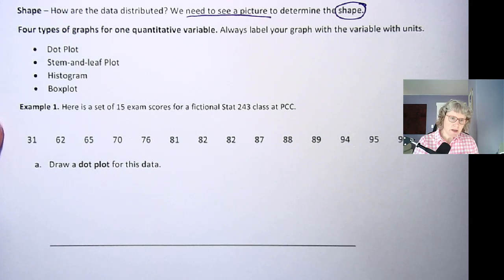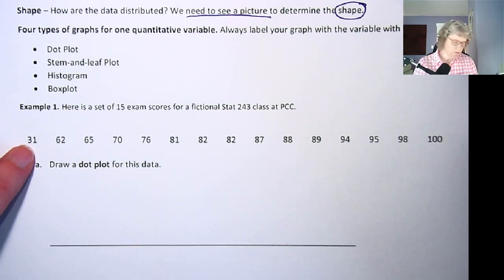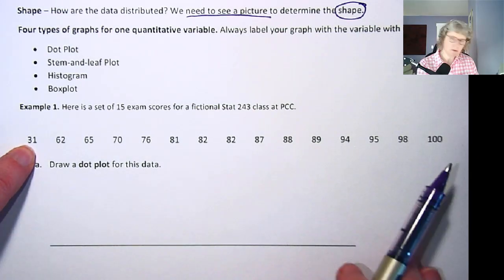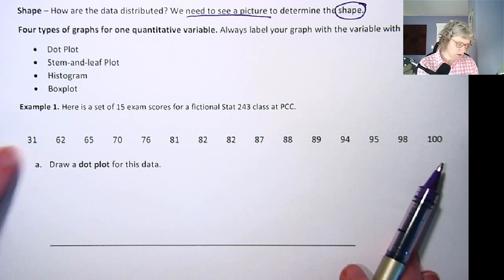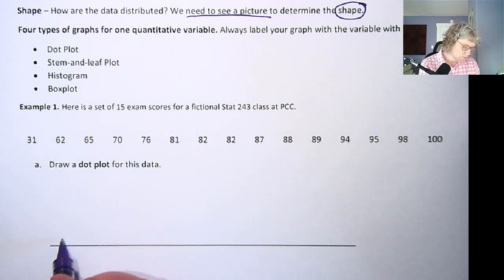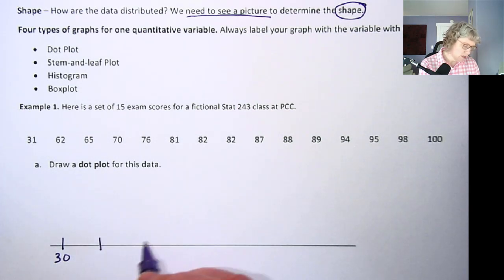Okay, so here's my axis. You could draw it by hand, or I've got one on the notes here, and we need to make a scale. So I'm noticing the data goes from about 30 to 100. So I'm going to start with 30, and I'm going to go by tens. I'm just going to kind of estimate how to get up to 100, 40, 50, 60, 70, 80, 90, 100.